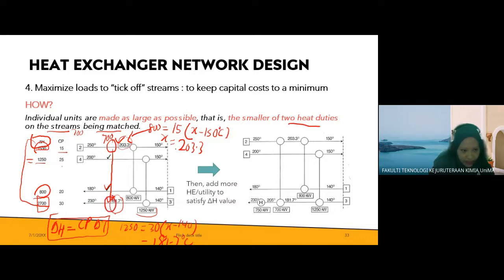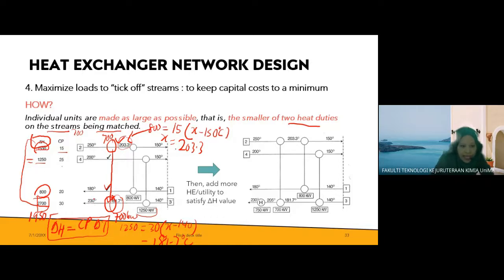So this is 700 kilowatt. Right. Now you total up 700 plus 1250. You get only 1950.